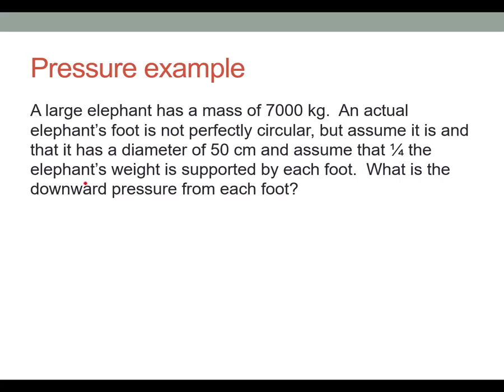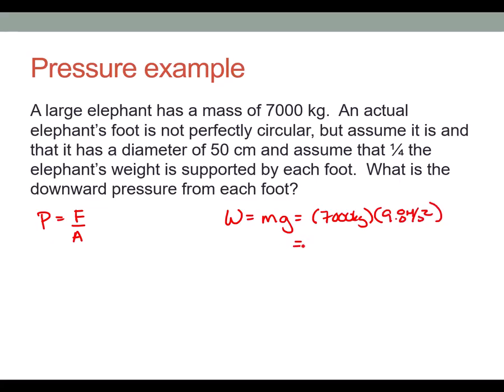Okay, so we know pressure is force divided by area. We can find the force by thinking about what's the elephant's weight. Well, it's its mass multiplied by the acceleration due to gravity. So that's 7,000 kilograms times 9.8 meters per second squared.